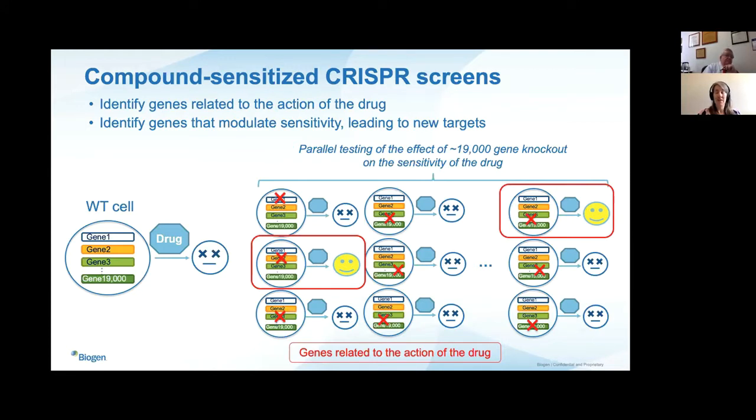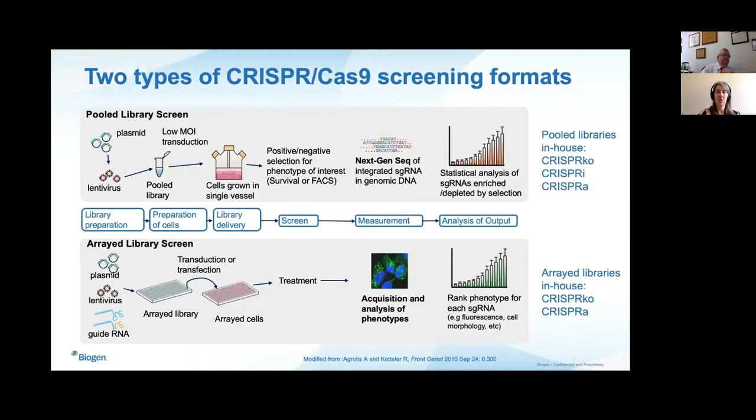Now at Biogen, we pretty much never do survival screens because we're in neuroscience. We're 100% invested in the neuroscience space, and so generally we want cells to survive or behave better, not to die. So we don't really do survival screens, but it's a nice illustration of the simplest type of screen you can do. There are two main types of CRISPR-Cas9 screen formats that you can use.